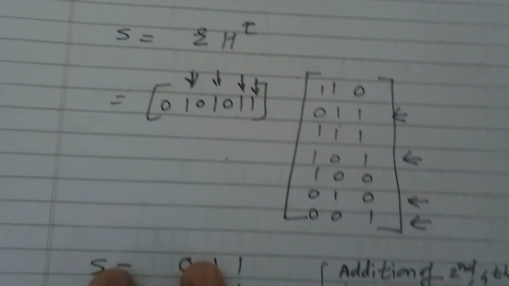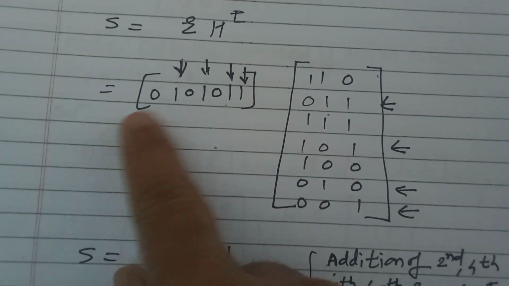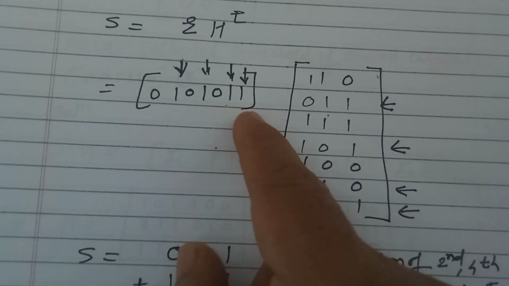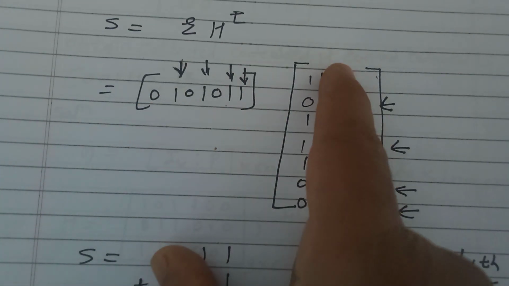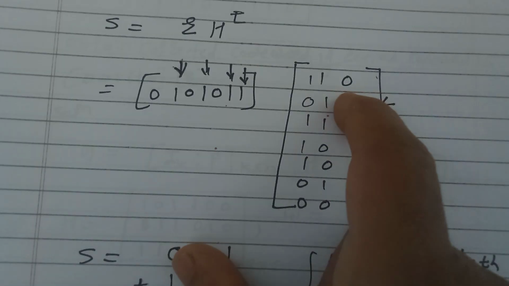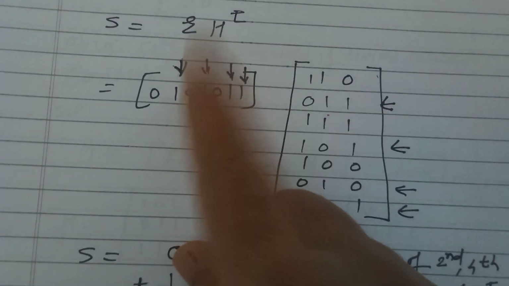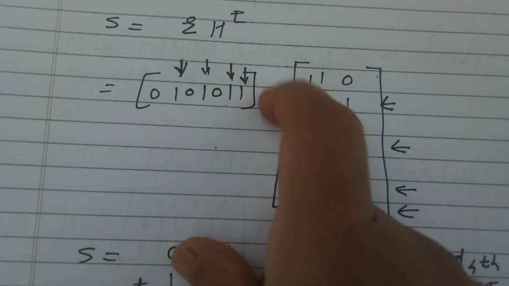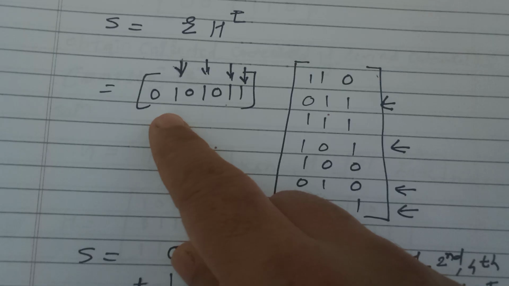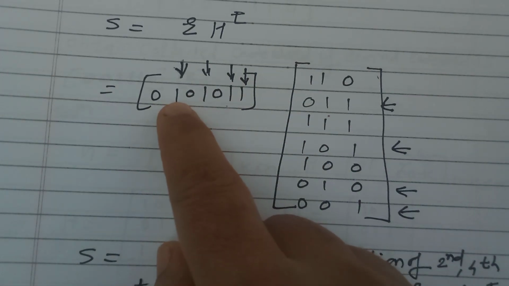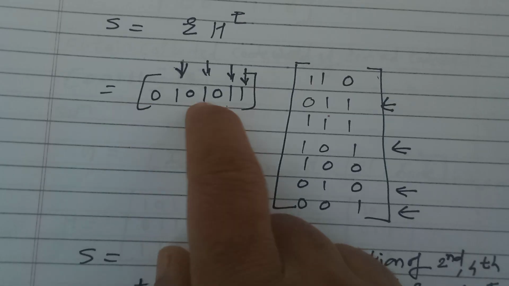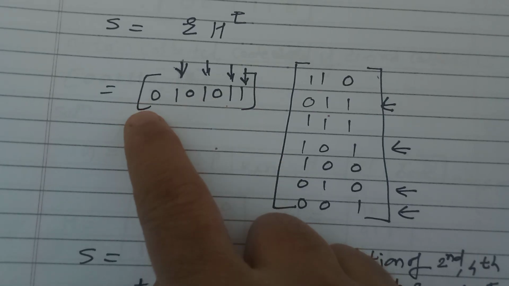So the clue is that you have to see where the ones are. This bit corresponds to the first row, the second bit corresponds to the second row of H^T. This R is required only to identify the rows in H^T. So one is at the second bit position from this side, considering this as the first position.